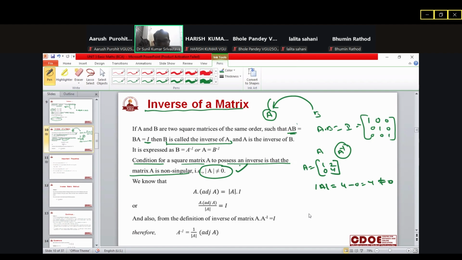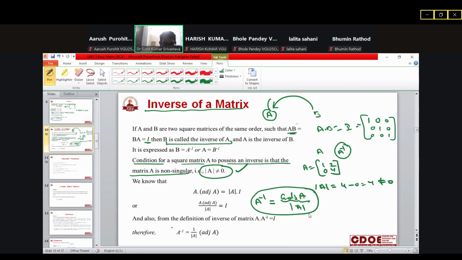I think all of you understand what the inverse of the matrix is, and now the most important formula: how to calculate the inverse of the matrix. The matrix inverse formula is given here, denoted by A inverse. The inverse of the matrix A is the adjoint of A divided by the determinant of the matrix A. The inverse of a matrix exists only when the matrix is non-singular.